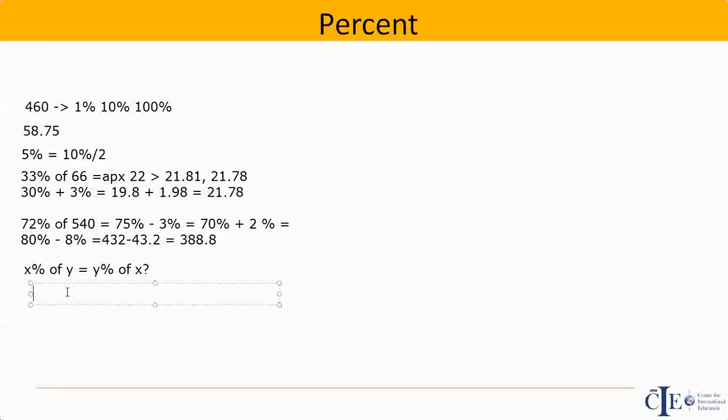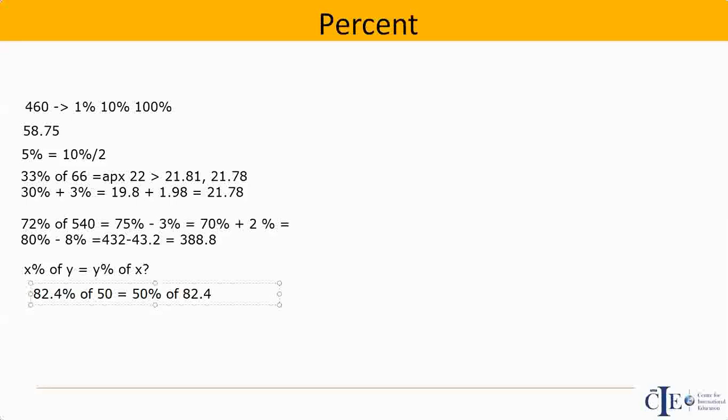Okay. So if a question reads like, let's take an example, what is 82.4 percent of, let's say, 50. So 82.4% of 50 would be same as finding 50% of 82.4.